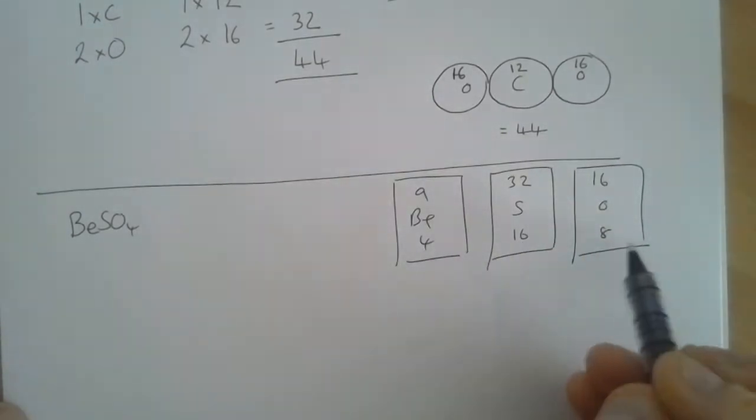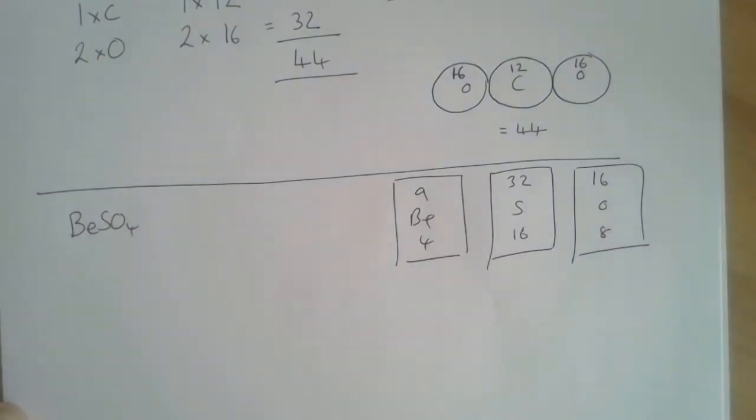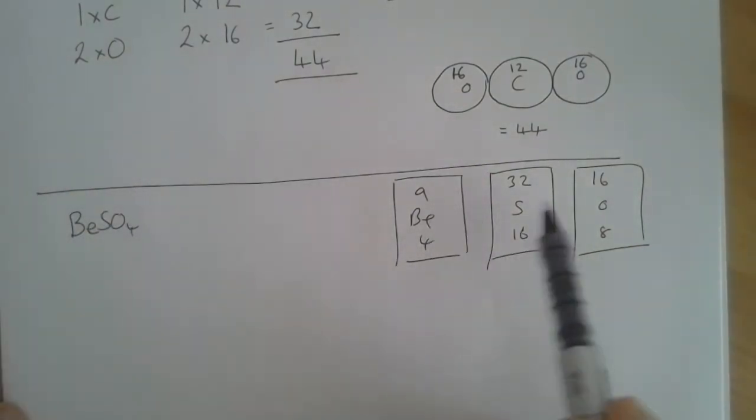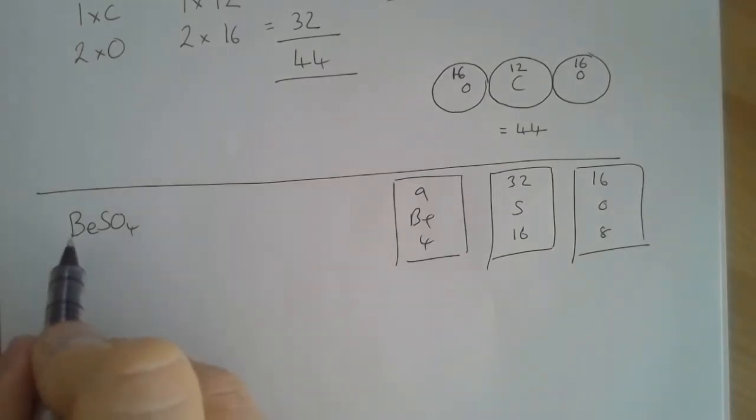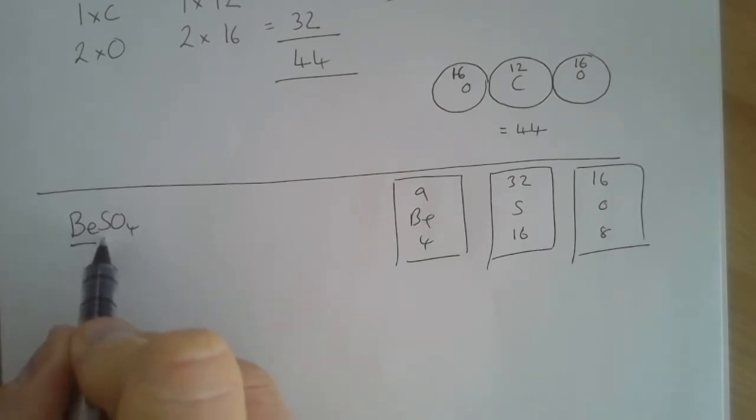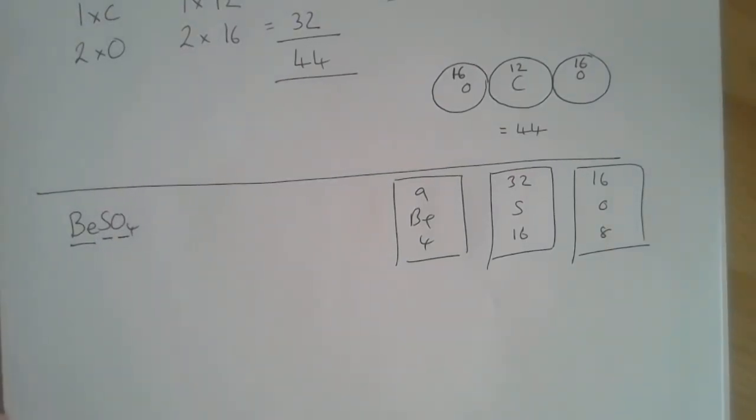Remember, these numbers I'm not interested in today. I've just put them there because this is how they appear on your periodic table. So let's list the atoms and the number present in our formula. Beryllium, sulfur, and oxygen. Those are the 3 elements that make up beryllium sulfate.